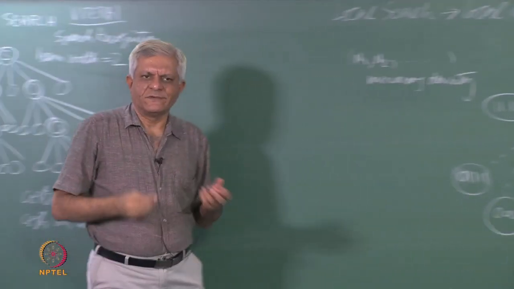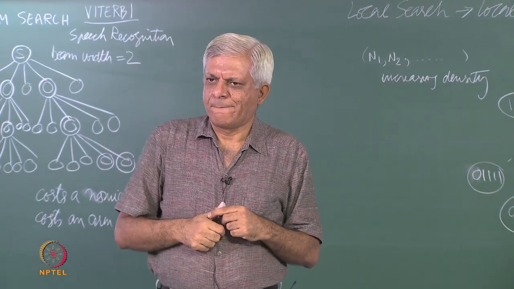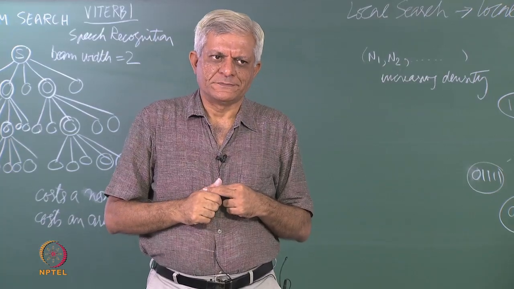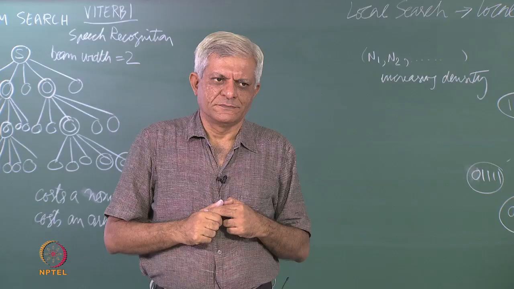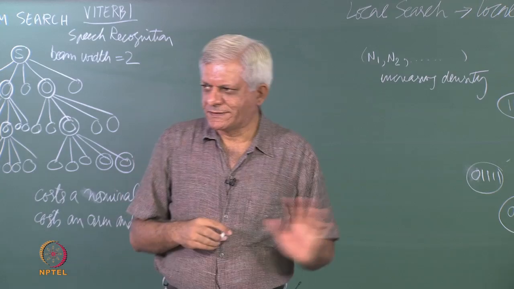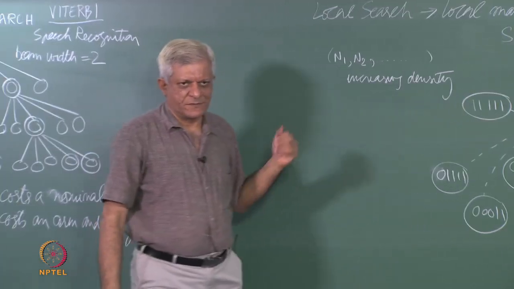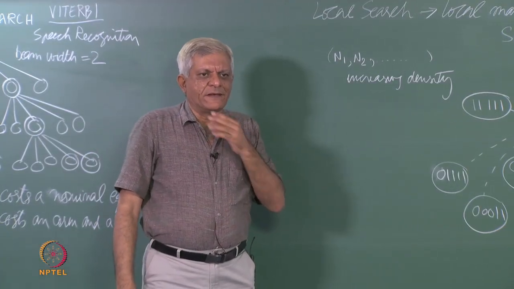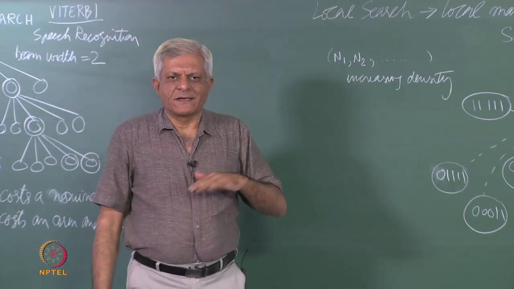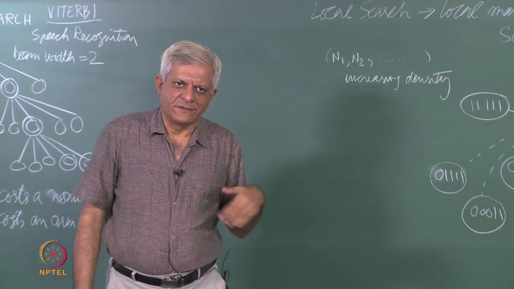How should I choose which neighborhood function to use? Remember, neighborhood function is same as move gen essentially. So, we now have the option of choosing a move gen function or neighborhood function, and we want to keep in mind that we do not want to get stuck in a local maxima in this case.